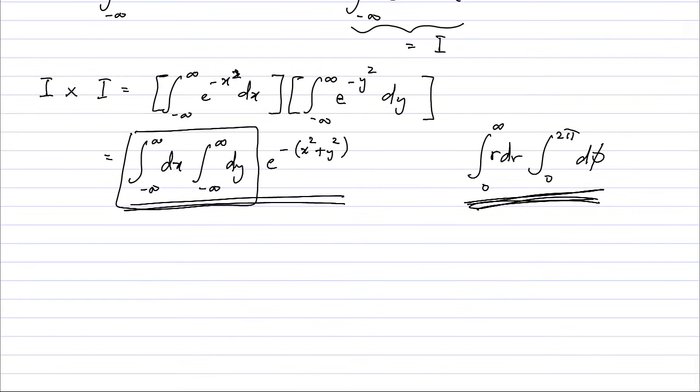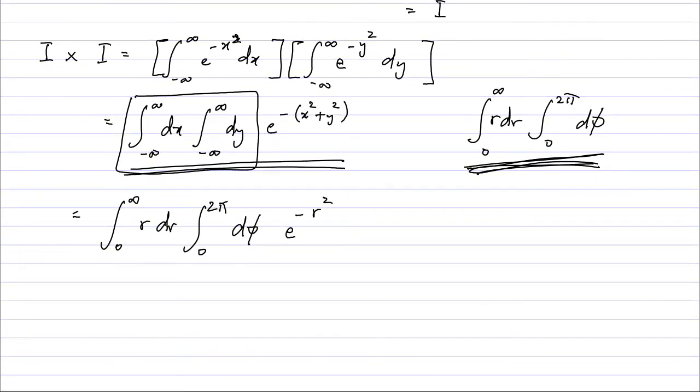So this I square is simply equal to the integral from 0 to infinity r dr, 0 to 2 pi d phi, and e raised to power minus x square plus y square simply becomes e raised to power minus r square. I can straight away do the phi integral. That gives me a factor of 2 pi, and I'm then left with 0 to infinity dr r e raised to power minus r square. Now I can do this integral because the derivative of r square is 2r.